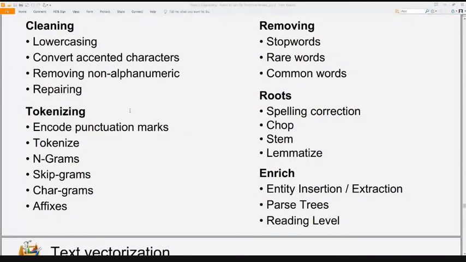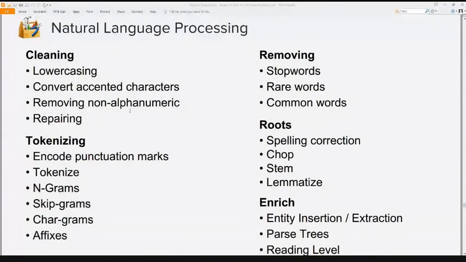So, when it comes to text, I'll just do a quick rundown. Cleaning, which is lowercasing and removing non-alphanumeric characters, including punctuation, etc. We have tokenizing.